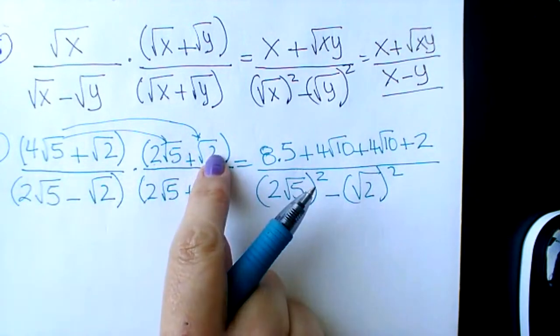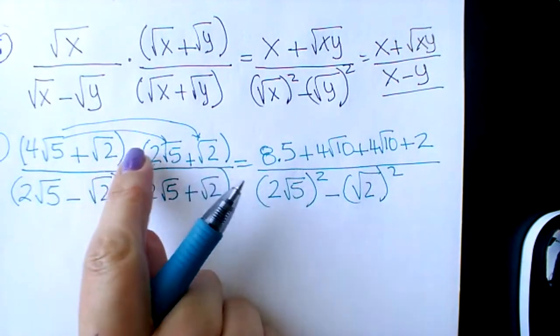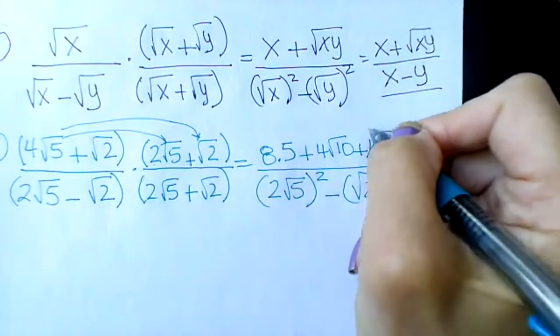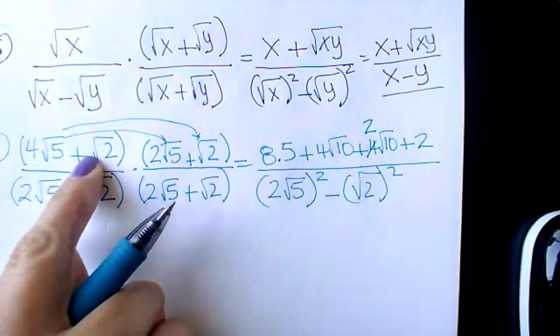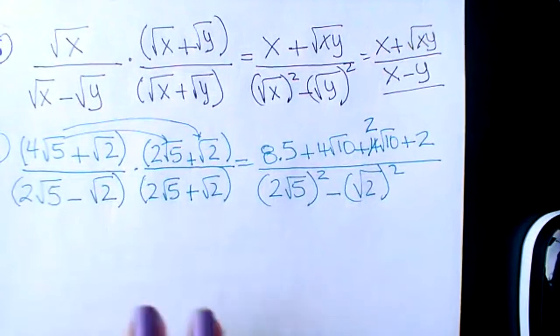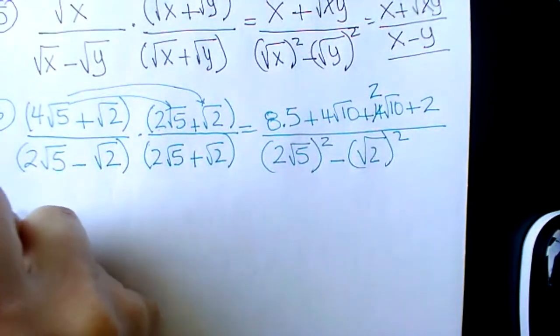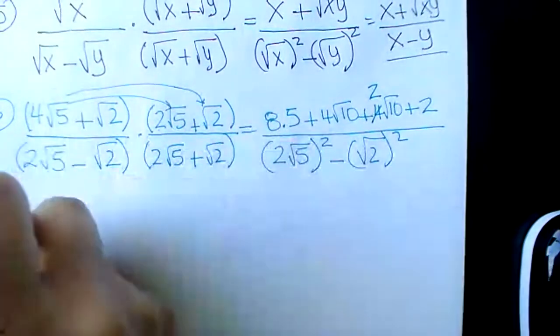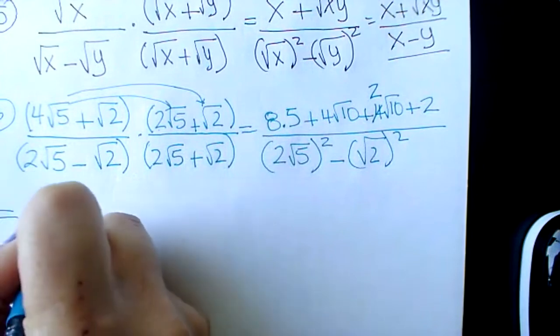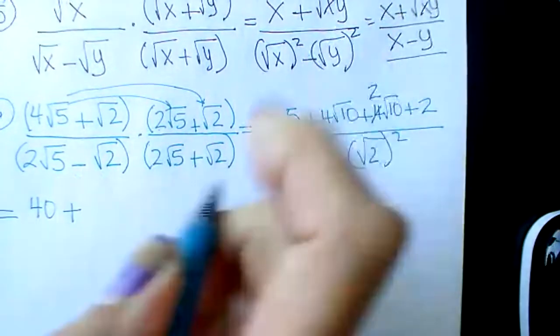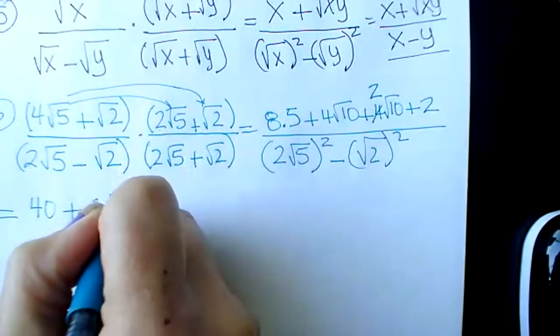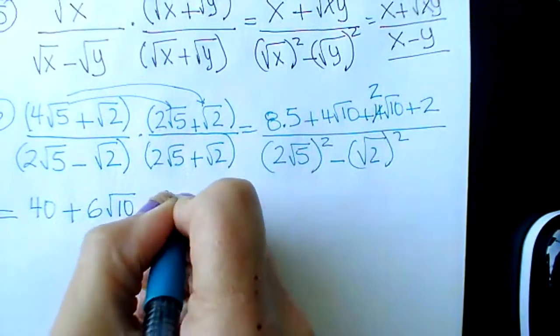And this one was a 2. This is not a 4. This is a 2. 2 times 1. So we have 8 times 5, 40. 4 plus 2, 6 square root of 10 plus 2.